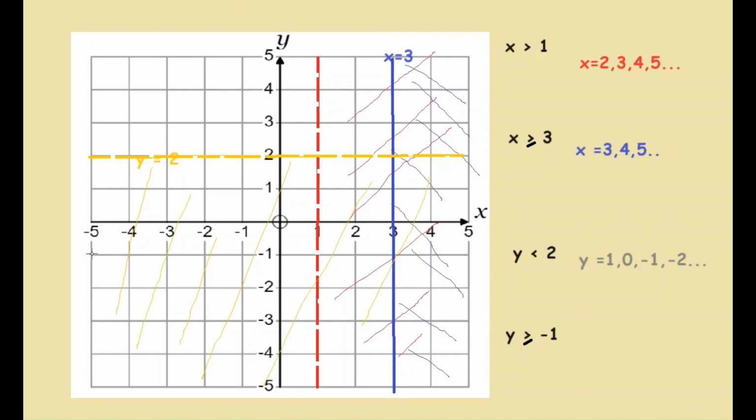You have to draw the straight line y equals minus 1. So if I list the y values, y is supposed to be minus 1, 0, 1, 2. The values should be increasing.